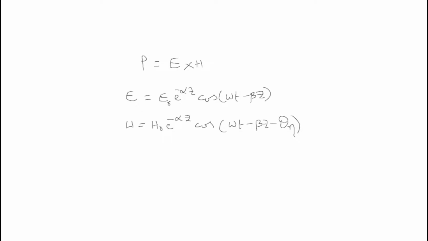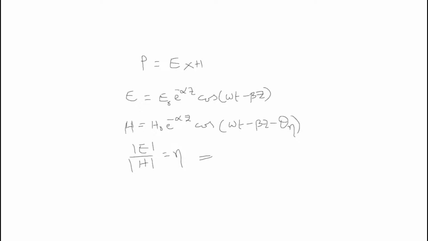How did we get this theta eta? Actually, we have the relation between E and H, that is mod E by mod H is equal to eta. If this eta is complex, in that case there exists an angle theta eta.